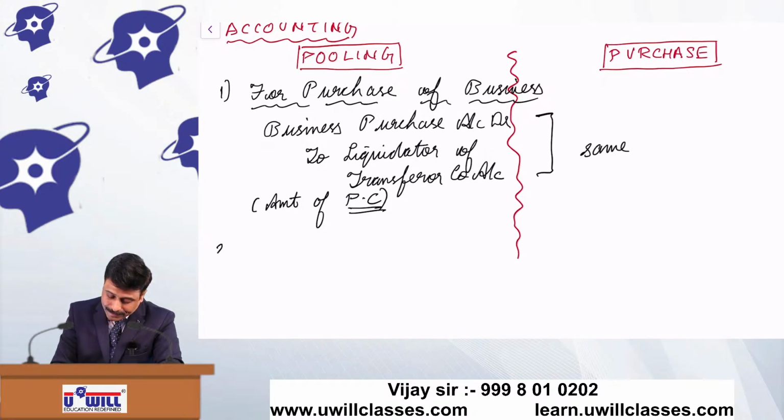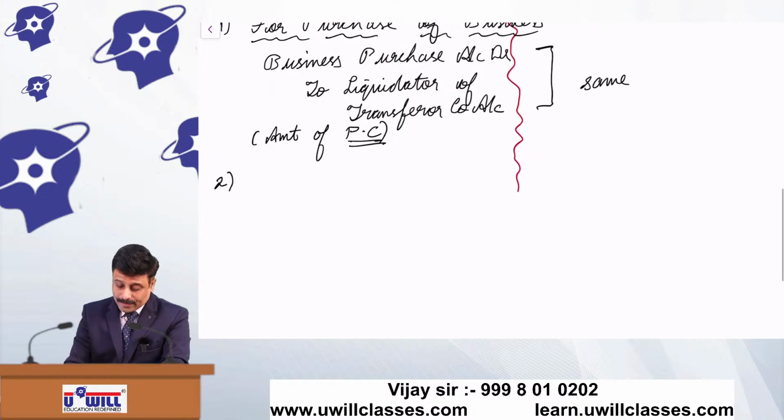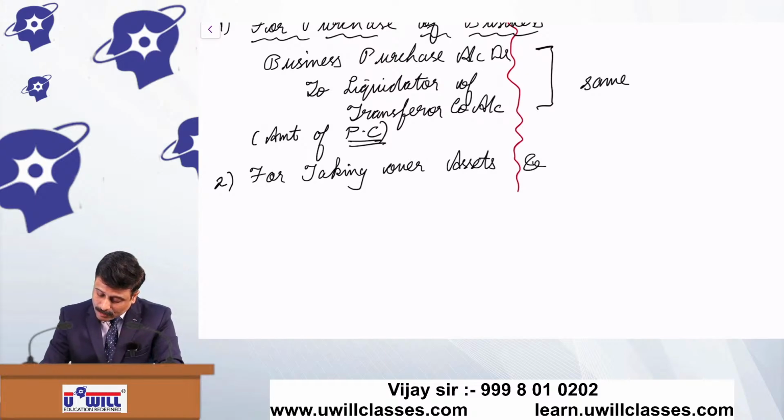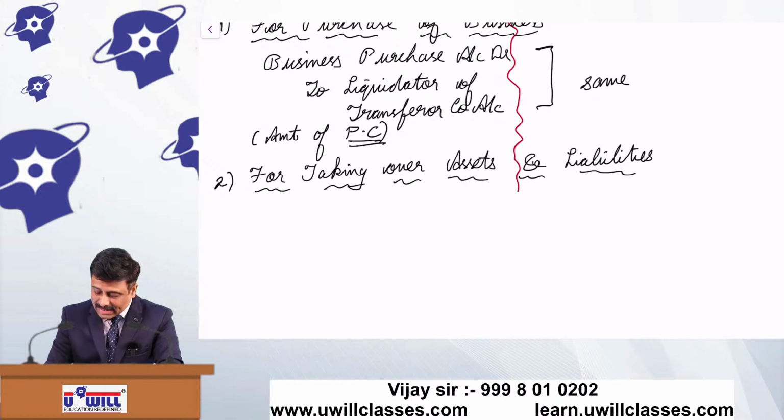Second, for taking over assets and liabilities. Now, when you are buying the business of other company, then you are taking over their assets and liabilities also. So what entries will you pass for taking over the assets and liabilities?